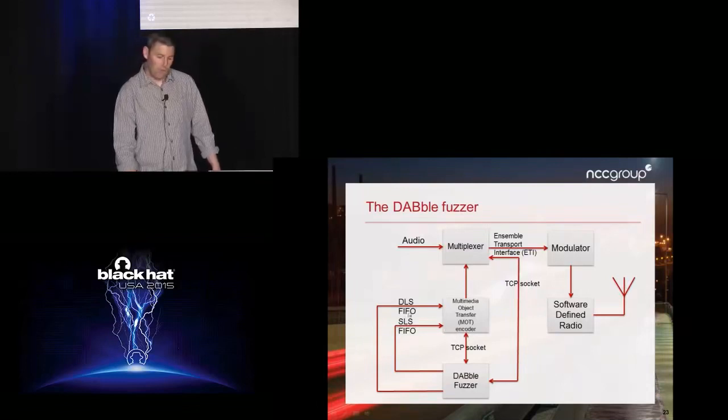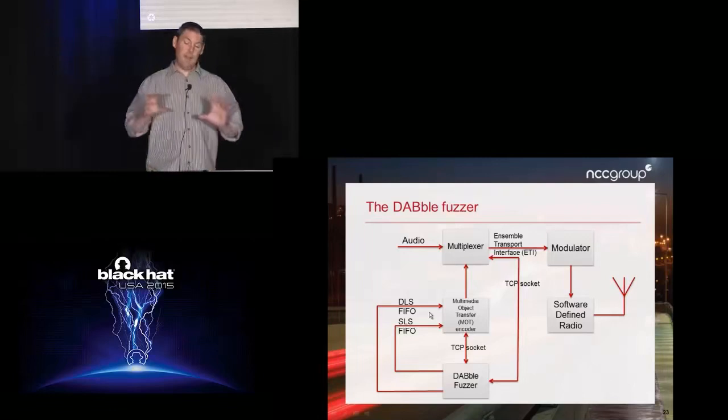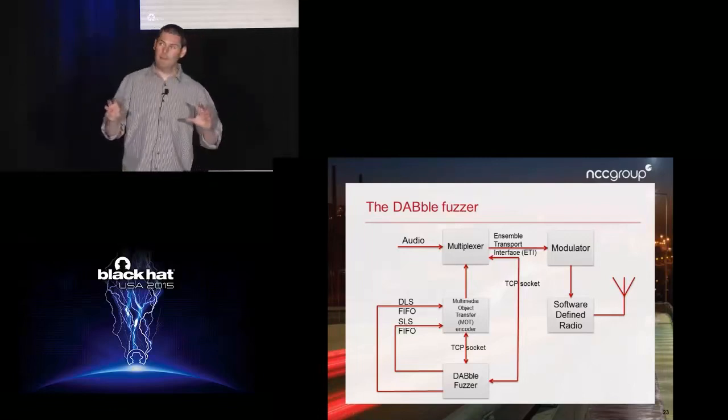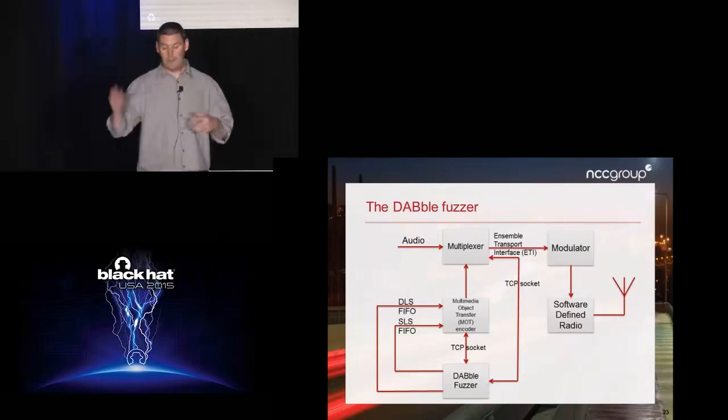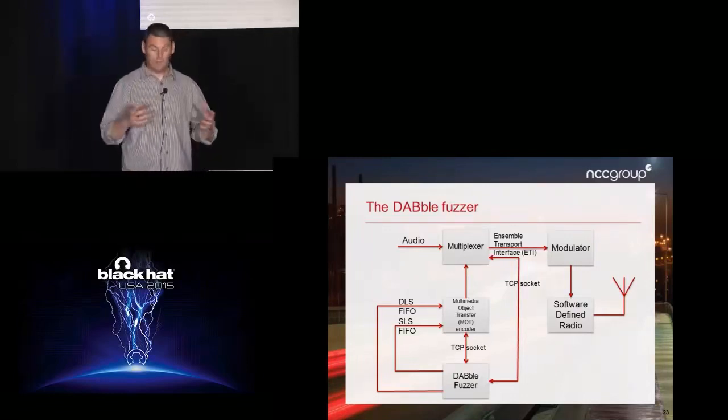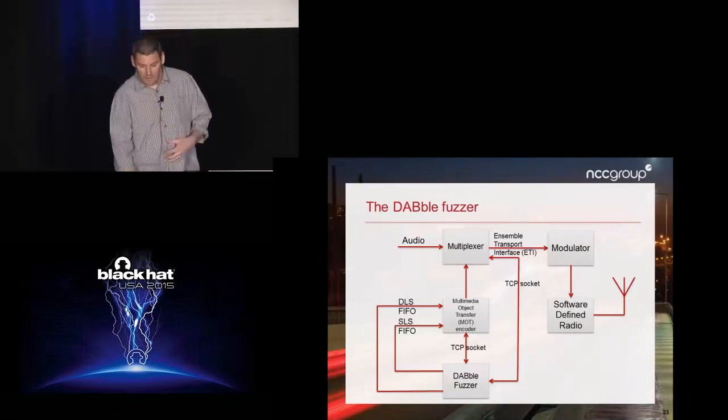So you can either just manipulate those particular protocols, sending lots and lots of images or lots and lots of specially crafted DLS text data, or you can manipulate the actual underlying protocol that's being used to add that into the multiplex.